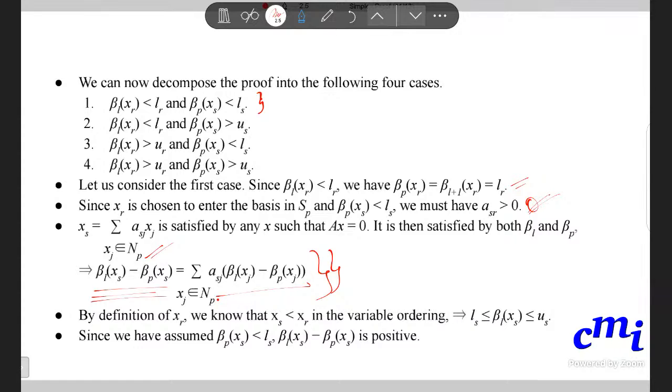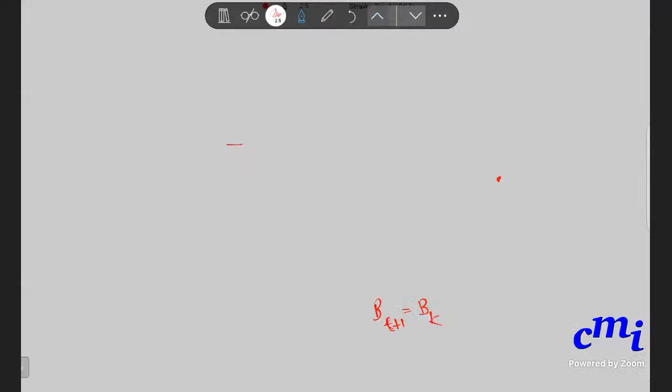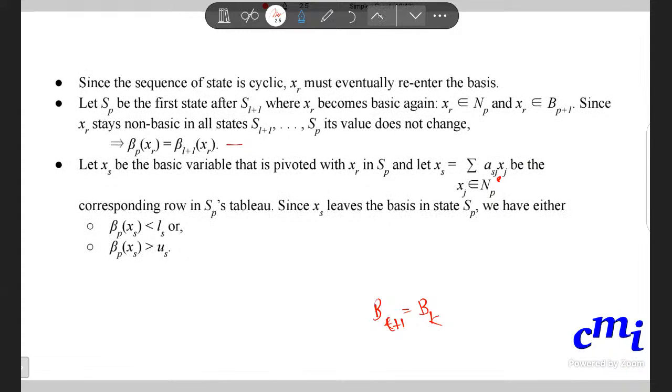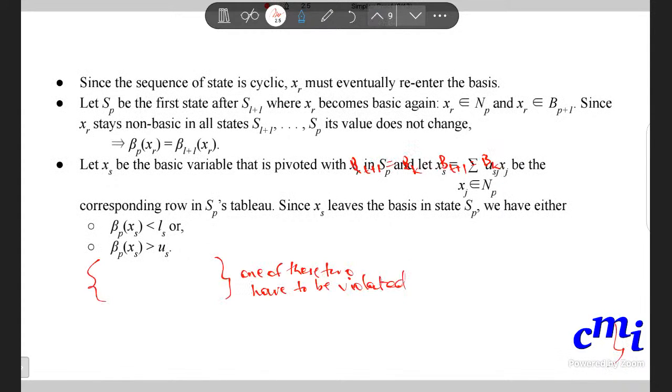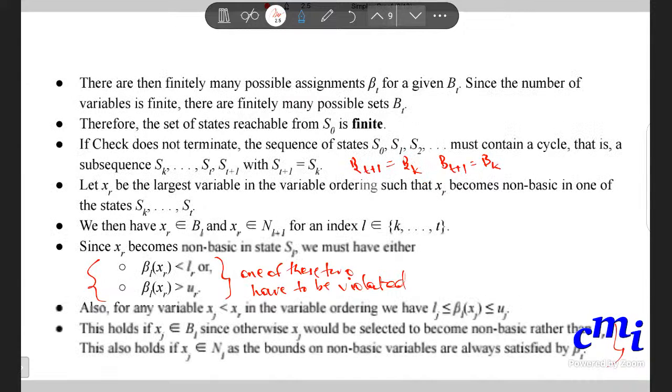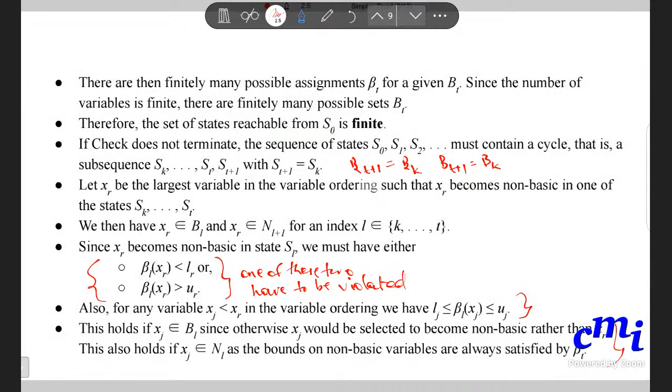This is from the same observation that I had here: for any variable which is lesser than xr, we have that beta L of that variable satisfies its constraints.